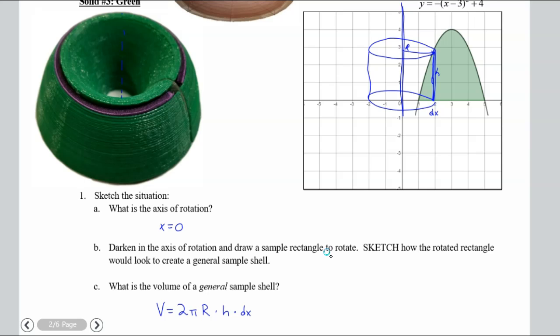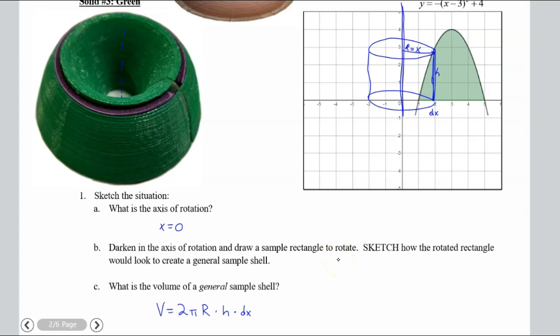If I was going to plot a point out here, this would be how far I move in the x direction. So the value for r is just x. I move from the y-axis out a distance x to get to any point on this curve. Since we want it in terms of x, we can just leave it. There's no need to solve or rearrange anything. We're just going to leave that as x.